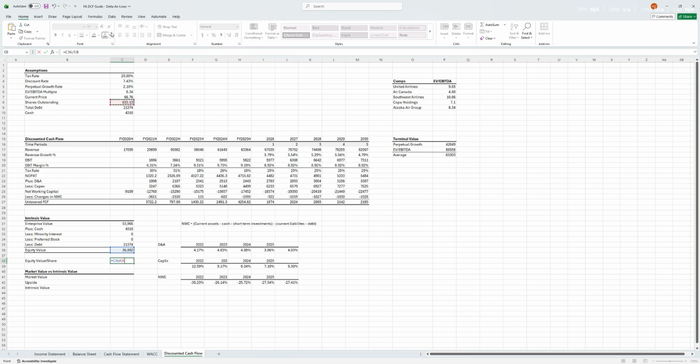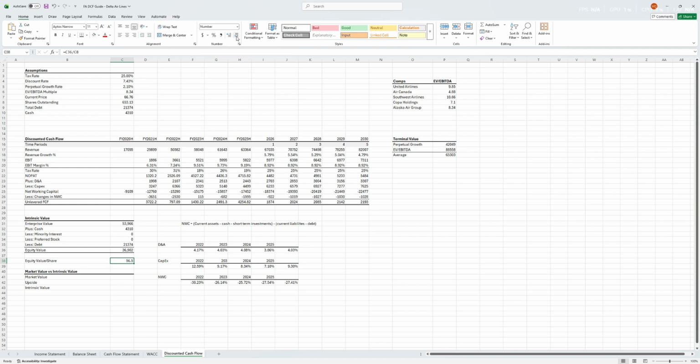Remember, both of these figures are in millions, so this works out. This means we have an equity value of 36.9 billion, and there are 653 million shares outstanding. So just make sure you have that one thing common across all of this. All of these figures are pictured in millions. And then boom, that's going to give us 56.